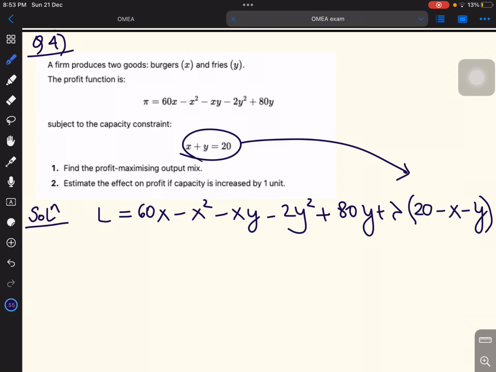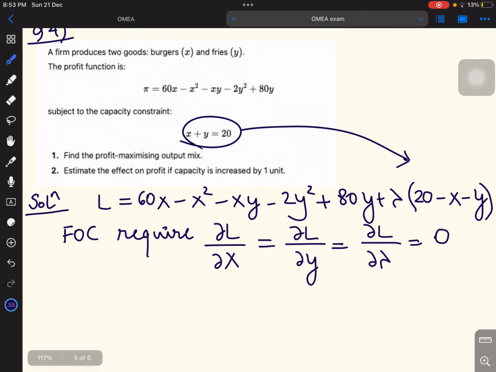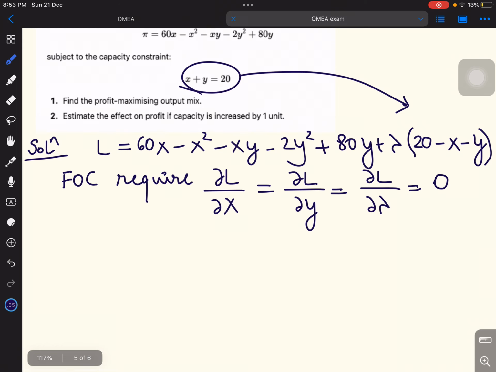Now we are going to the first order conditions. The differentiation of this Lagrange with respect to x, with respect to y, and with respect to lambda should all be equal to 0. The first order conditions require that all of these are simultaneously 0.